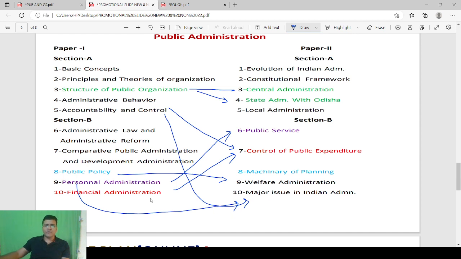Financial administration and control of public expenditure, administrative law reform also link with major issues; basic concepts also link with major issues. Administrative law links with the constitutional framework. This is how paper 1 is linked with paper 2. So this is all about public administration optional.